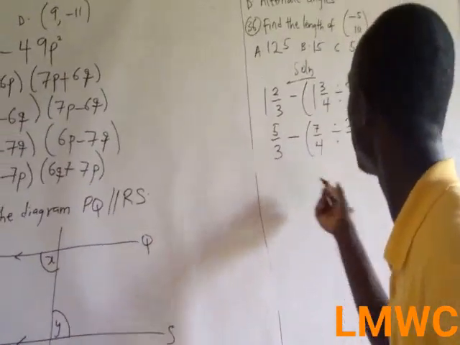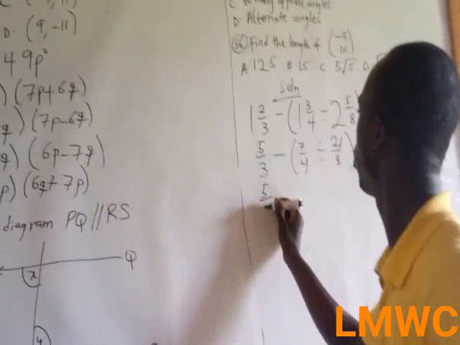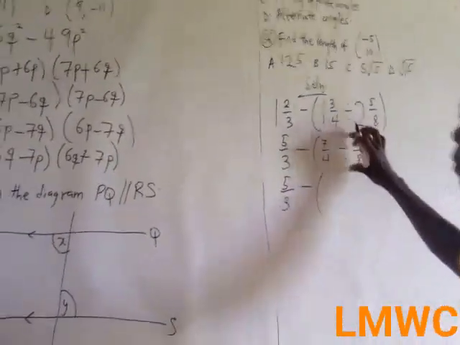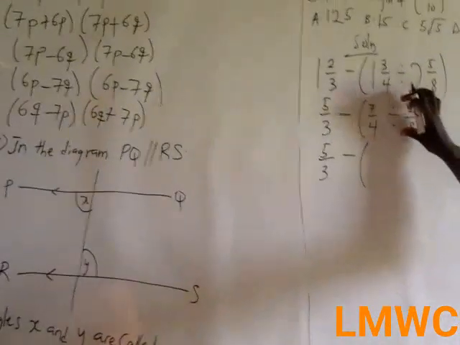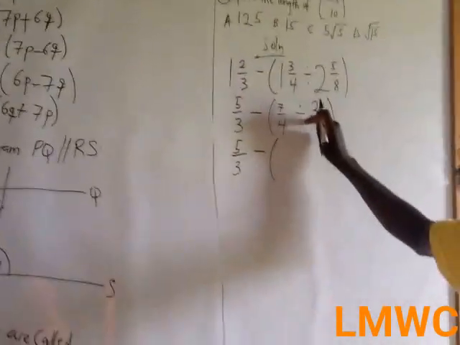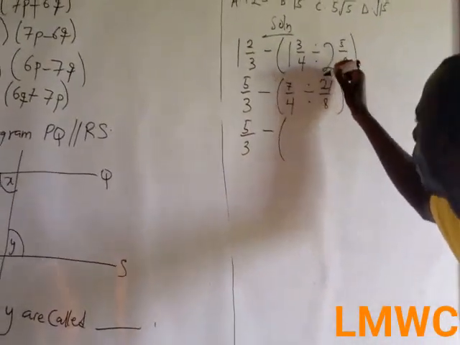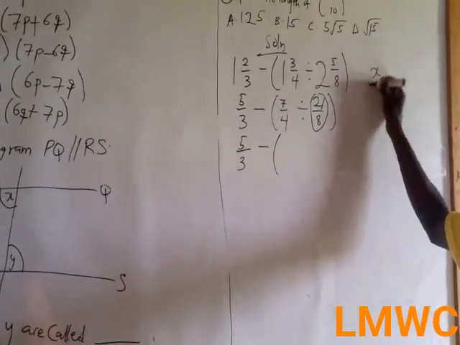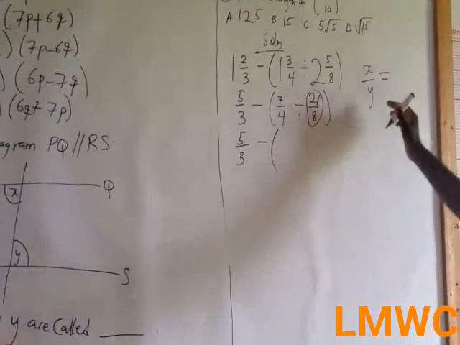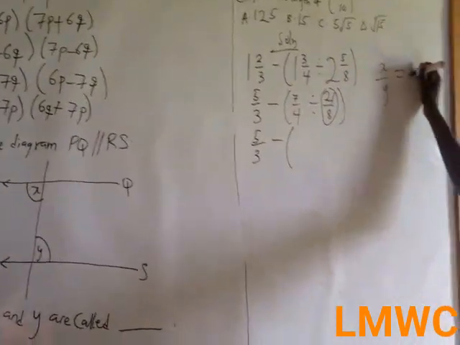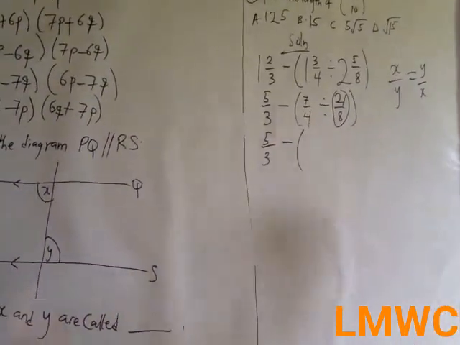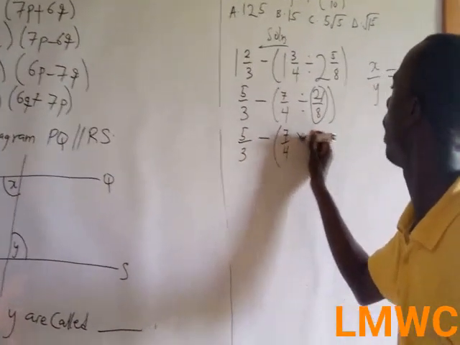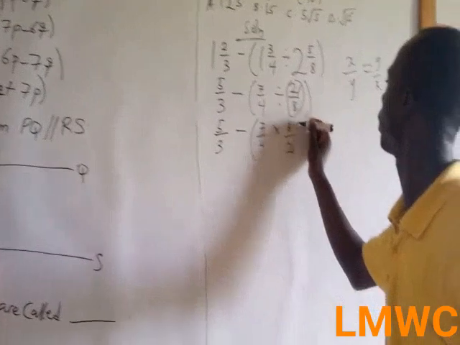So you solve for the bracket first because bracket comes first. Once we have a division sign, you change it to multiplication, and you find the reciprocal of the second fraction. The reciprocal of x over y is y over x. You just turn it upside down. So it becomes 7 over 4 times 8 over 21.